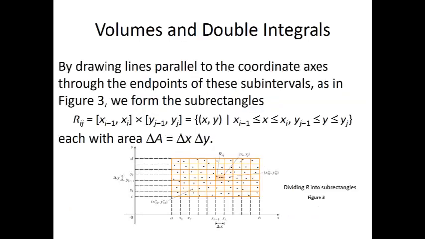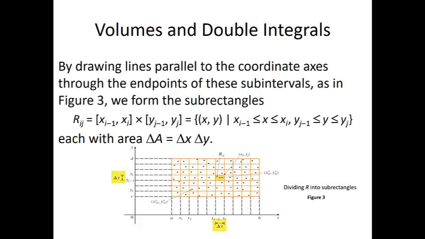By drawing lines parallel to the coordinate axes through the endpoints of these subintervals, as in the figure, we form these subrectangles R sub ij, and each one of these subrectangles has the same area delta A, found as delta x times delta y.